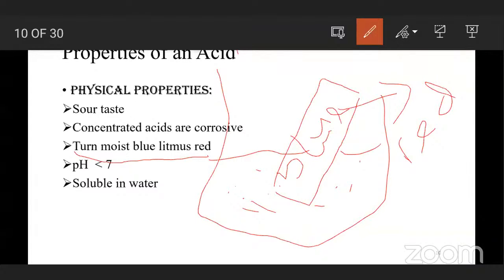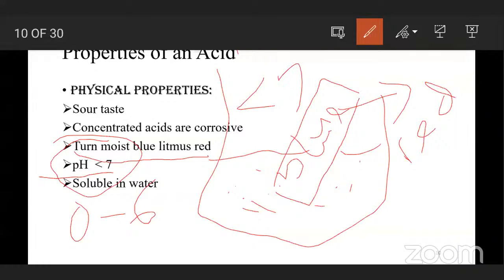Also, on what we call a pH scale, an acid has a pH of 0 to 6, basically less than 7. If it is 0, it means it's possibly a very concentrated acid. That may also depend on how far that acid ionizes, whether it's a strong acid or not.